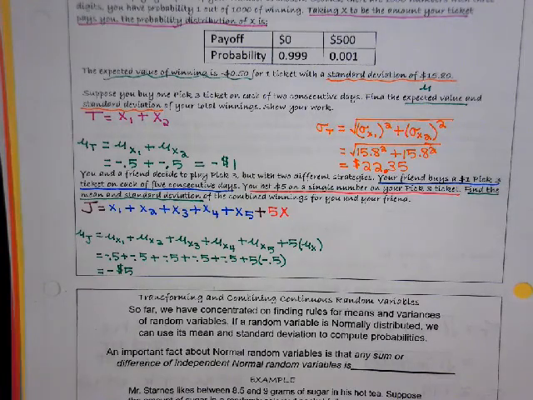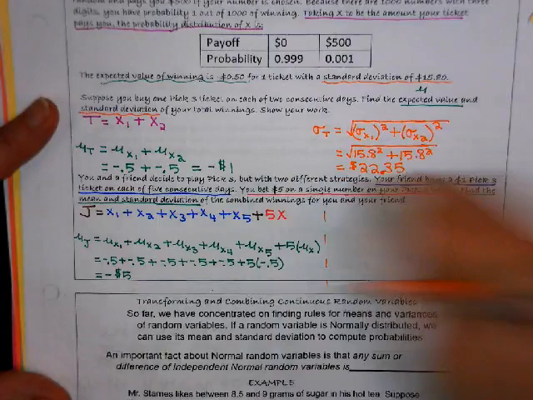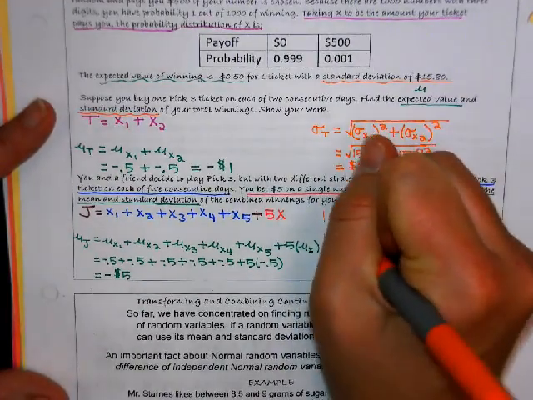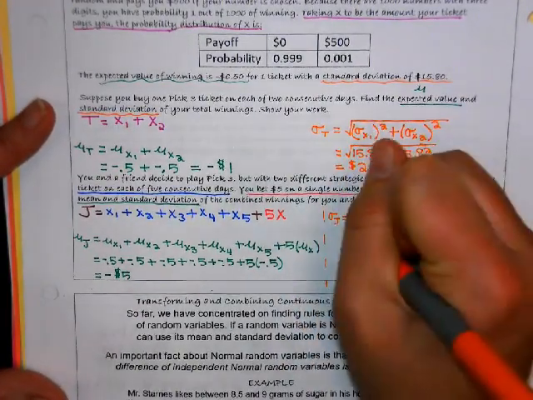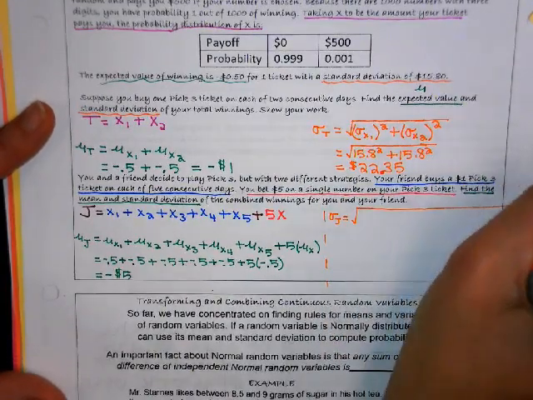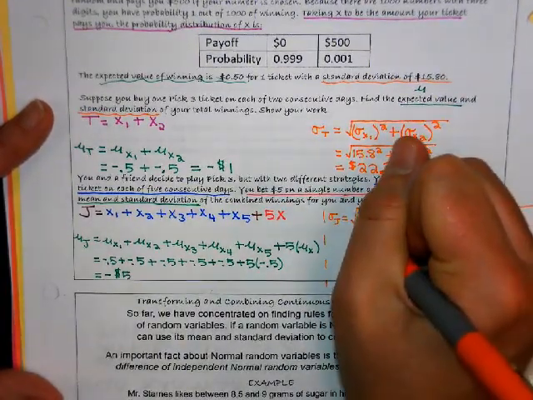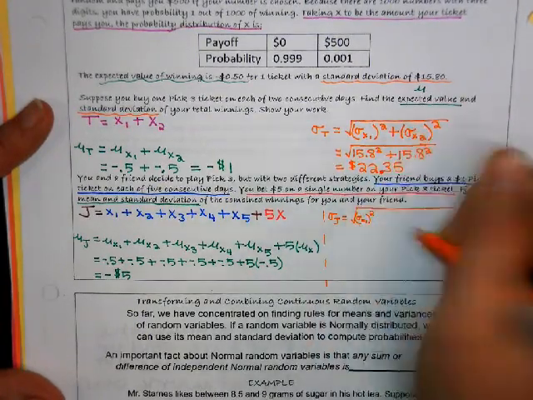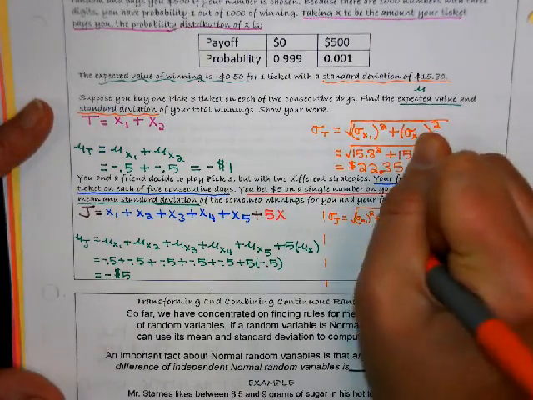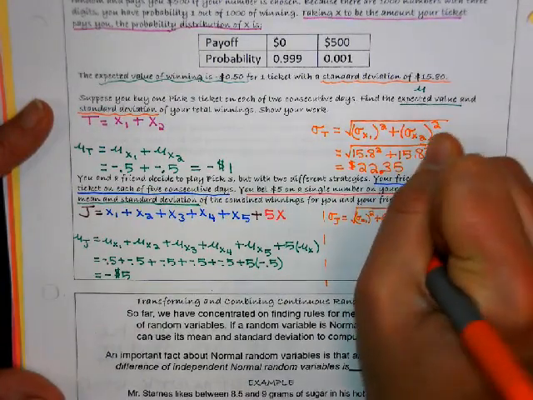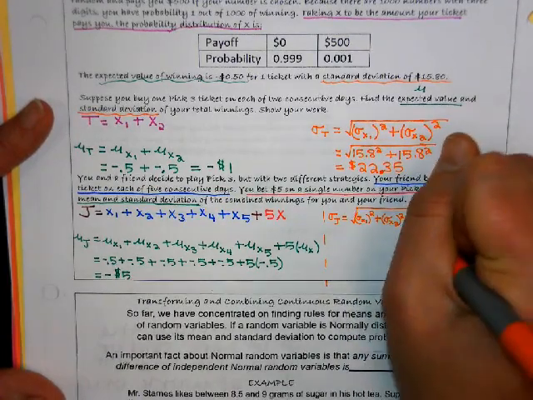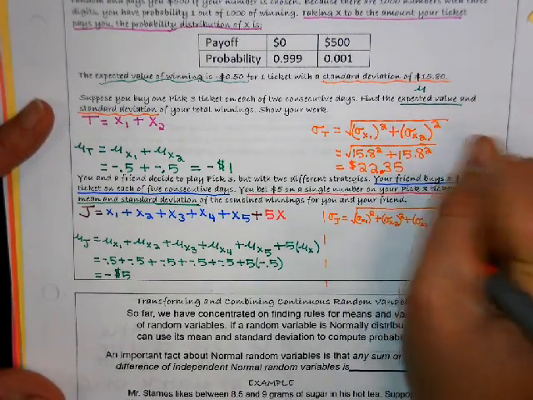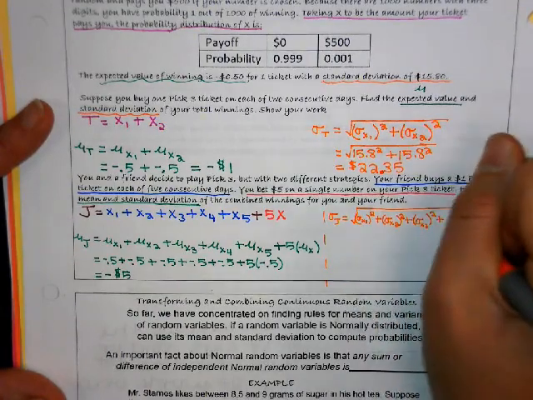All right, so then we're going to do standard deviation. So standard deviation of j is going to come from our standard deviation. I'm going to write this small because I'm running out of room. For the first day squared plus standard deviation of the second day squared, third day squared, fourth day squared. And then what do we do with you?